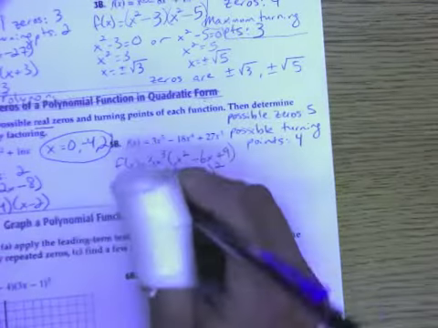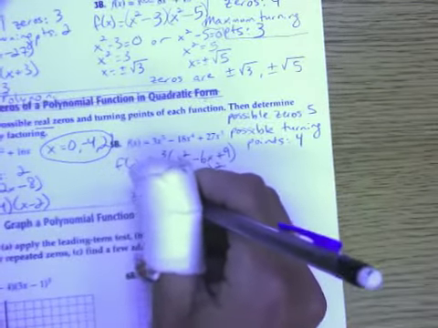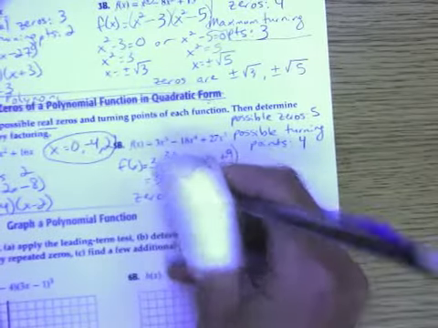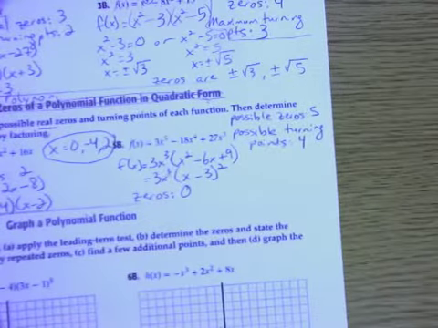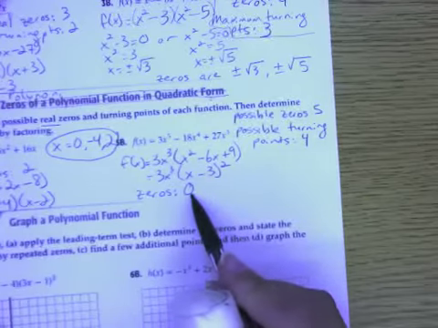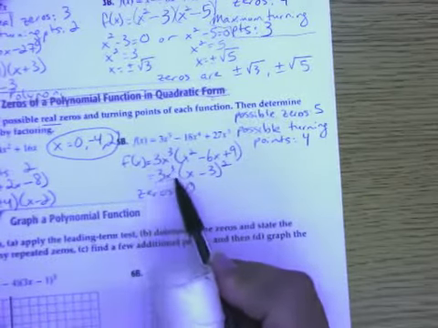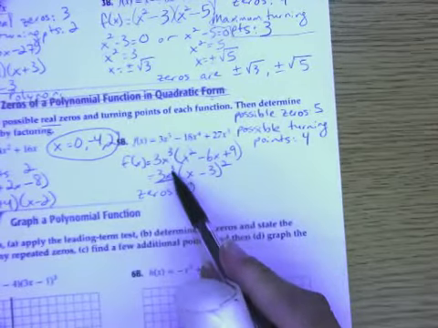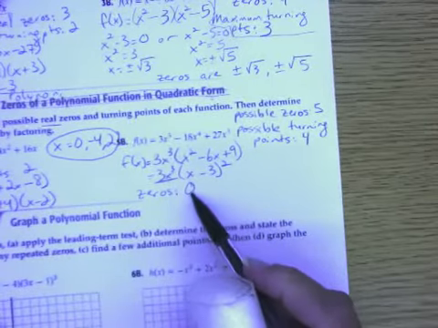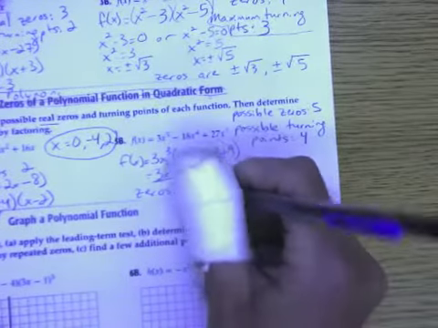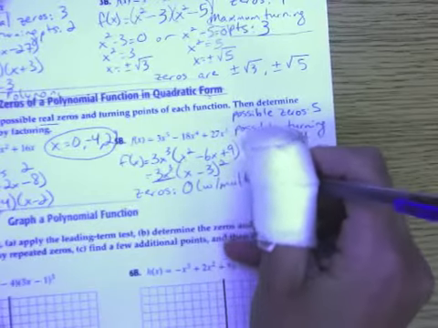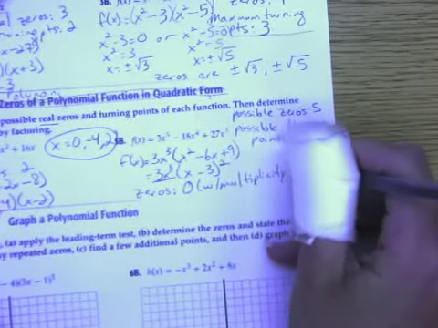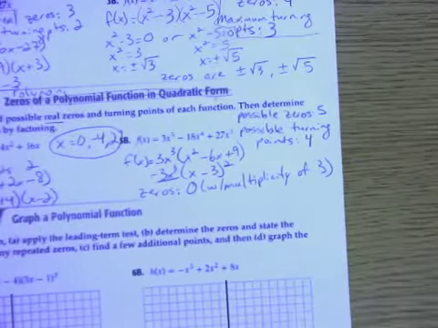And so my zeros are 0, notice the exponent. Because 0 is a 0, because of this part where the exponent is 3, we say that 0 is a 0 with multiplicity of 3.